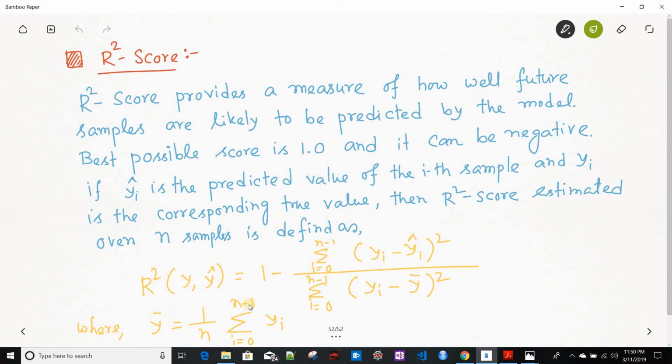Y bar is nothing but our mean value, the average of all the observations, and then we square it. This is basically the variance. If we take 1 minus this particular fraction, this becomes my R2 score. Even here, the maximum value can be 1 only because of this equation, and the closer it is to 1, the better the model accuracy will be.